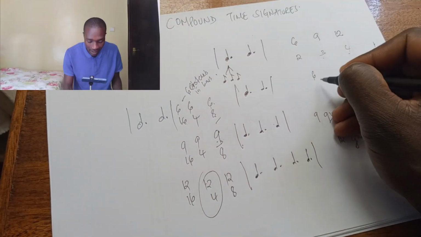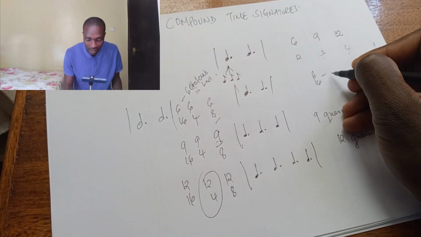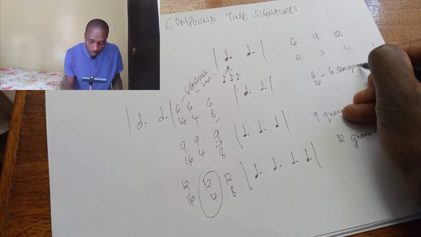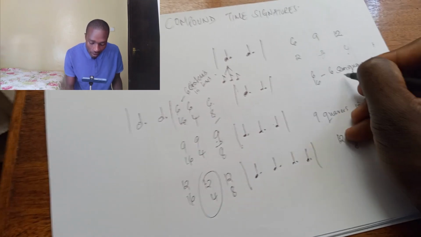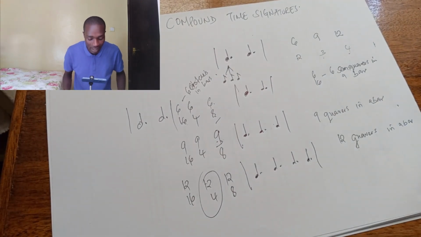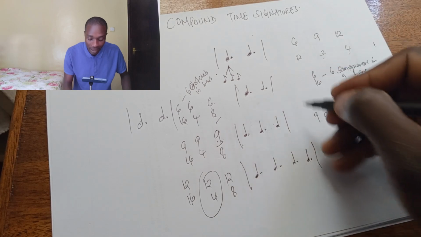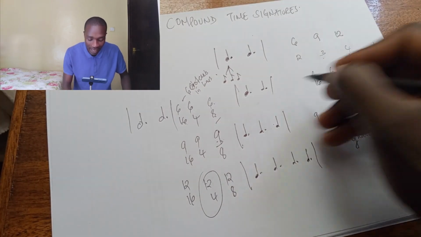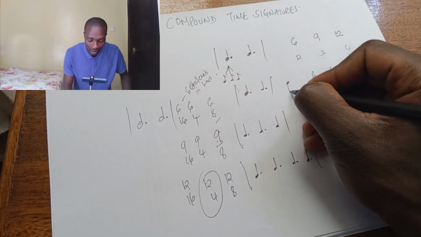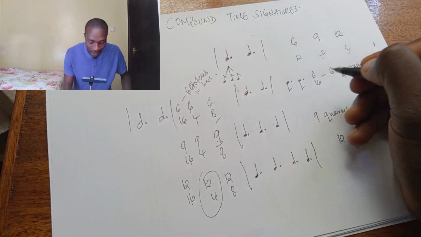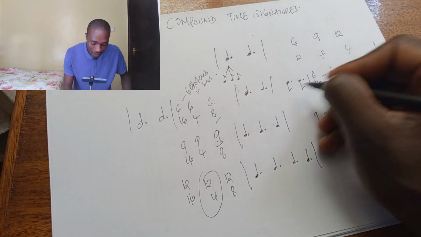If it is 6/16, we are going to have 6 semiquavers in a bar. Now, for you to find how many dotted notes that is, they are dotted quaver notes. They are going to be simplified to 2 dotted quaver notes.